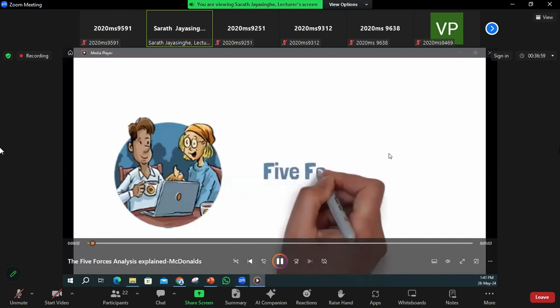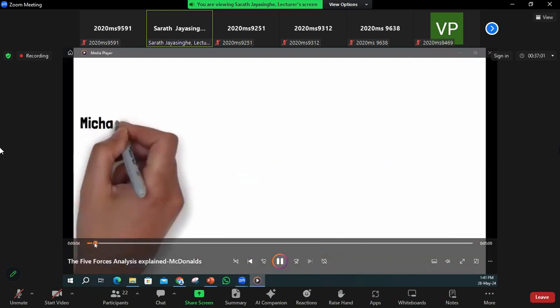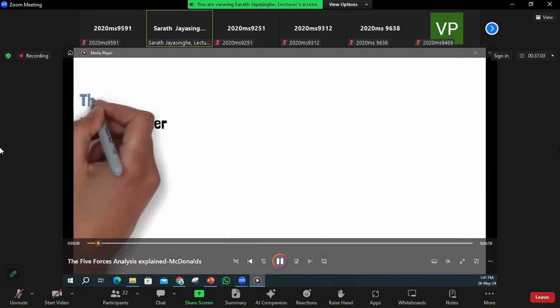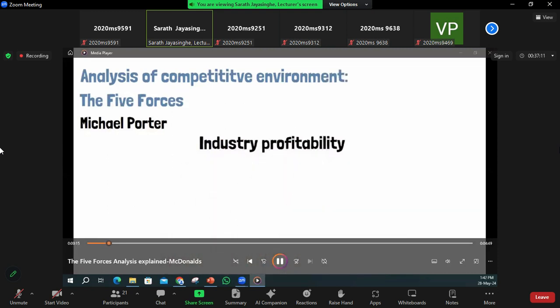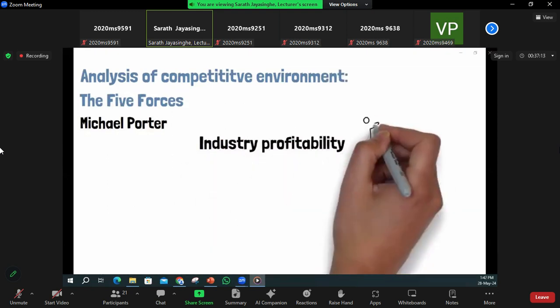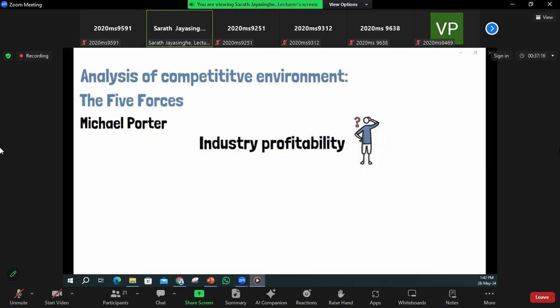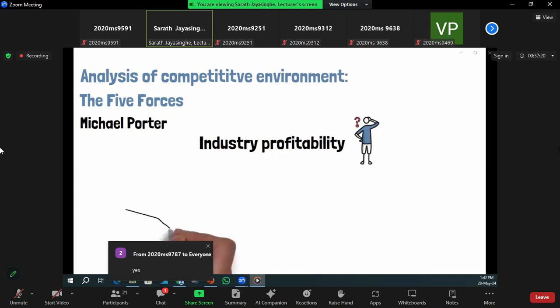The Five Forces Analysis. Michael Porter of Harvard Business School developed the Five Forces model as a tool to analyze the competitive environment in industries. He argued that some industries are consistently more profitable than others, and that by analyzing the competitive environment, you can see which industries are attractive for companies to compete in.